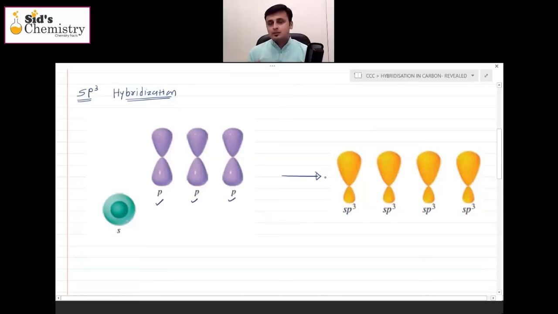One more thing to notice is that all the p orbitals are initially at a higher energy level, and the s orbital is at a lower energy level. In the sp3 hybridized orbitals, the energy level is in between the s orbital and the p orbital. So this is called sp3 hybridization in carbon.